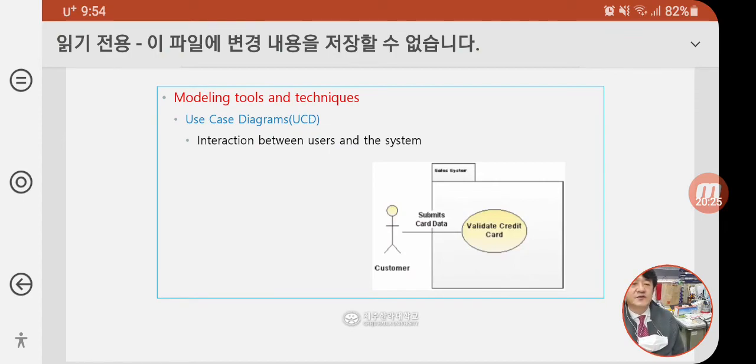The next tool is use case diagrams. Use case diagrams show the interaction between the user and the system. In this picture, the customer is the actor, and the oval is a use case.